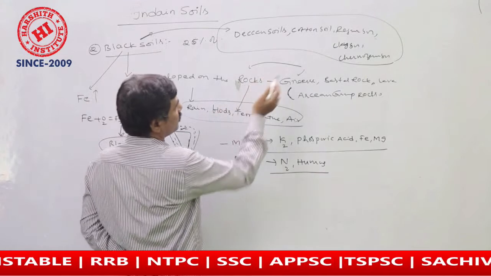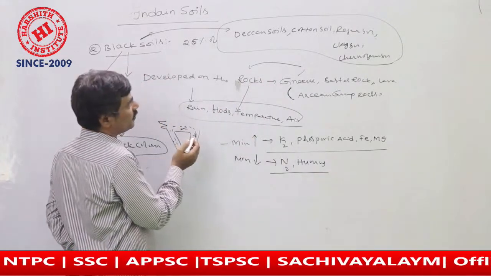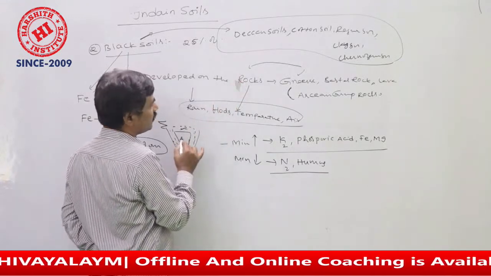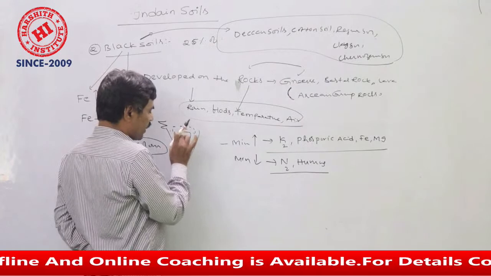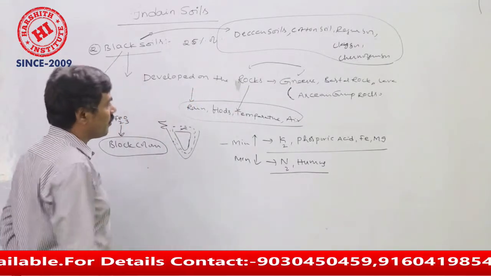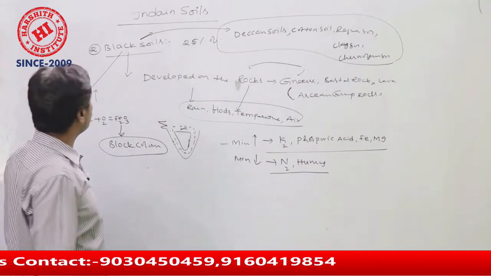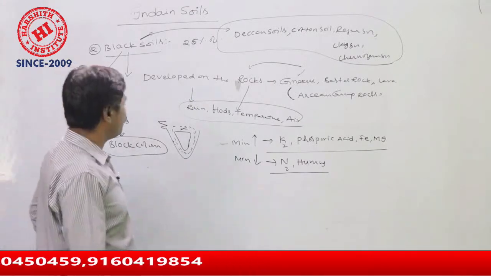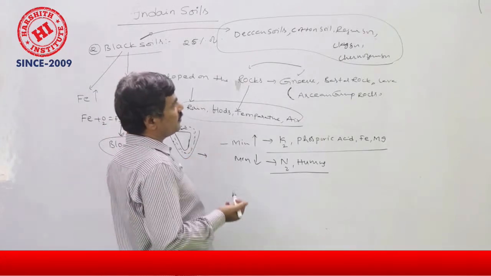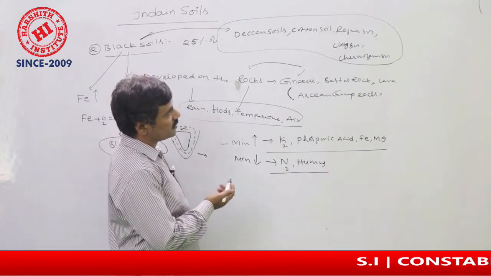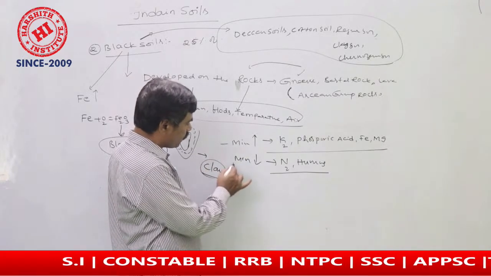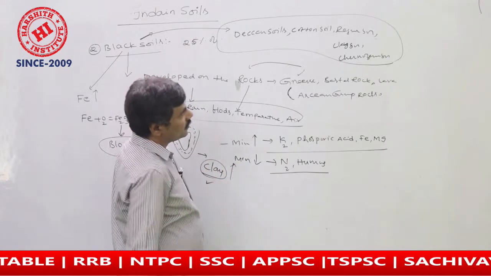It is called cotton soil because the maximum cultivation in black soil is cotton; that's why cotton is the suitable crop for black soil. Regur soil looks like a jigata, with a high regur percentage. The clay percentage is also high.